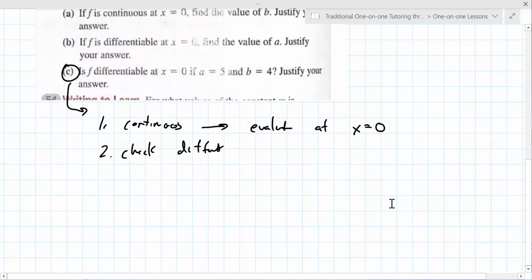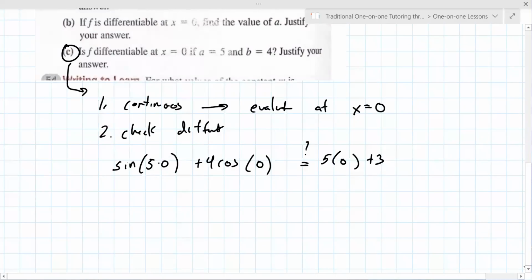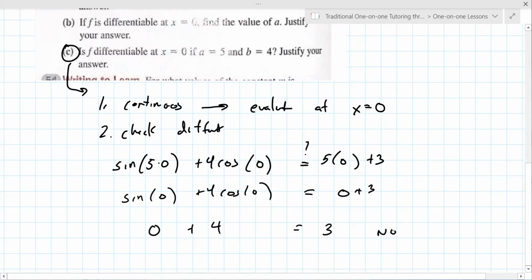So that was sine of 5 times 0 plus 4 cosine 0 equals question mark 5 times 0 plus 3. So that's sine of 0 plus 4 cosine 0 equals 0 plus 3. So this is 0 plus 4 equals 3, and no.